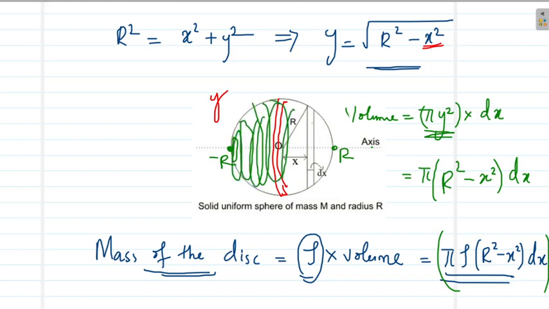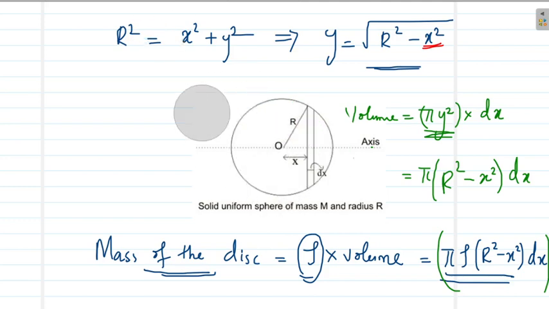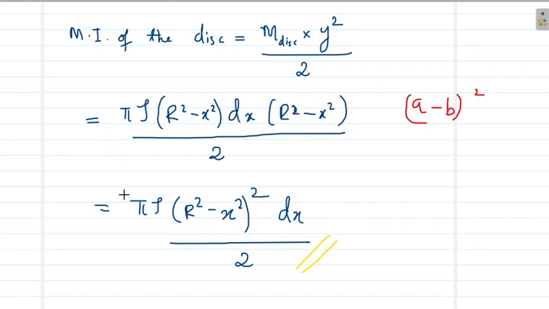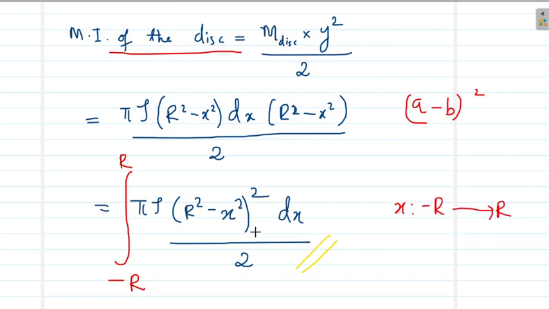So these disks constitute the whole sphere, and as you can see, the disks span the space from x equal to minus r up to x equal to plus r. So to find the total moment of inertia, you will have to integrate this moment of inertia of the disk over a distance from minus r up to plus r, where minus r and plus r are the variation in x. x varies from minus r up to plus r.